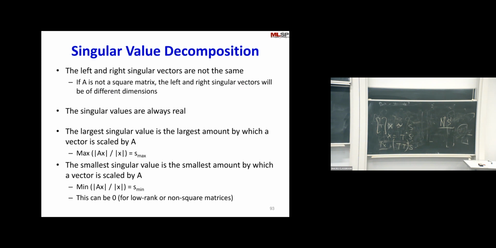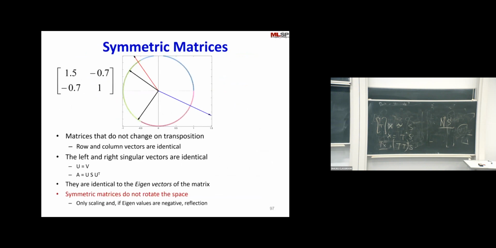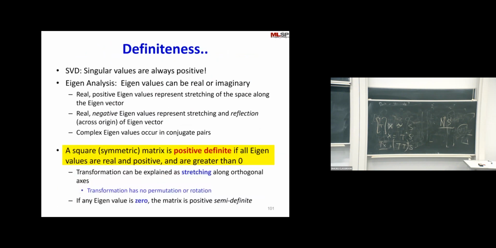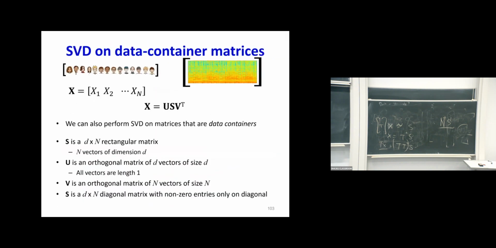Again, all of that looks at singular values as transforms, but now let's look at singular value decomposition on data container matrices. So I've got a matrix and I pack a bunch of data into it. So I've got a data container. This will be a bunch of traces, a spectrogram, whatever.